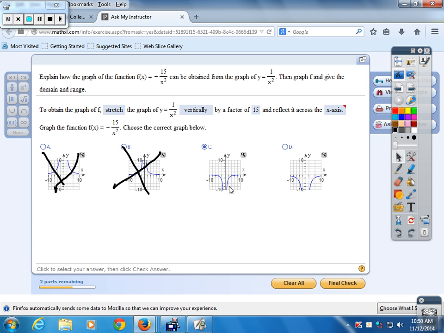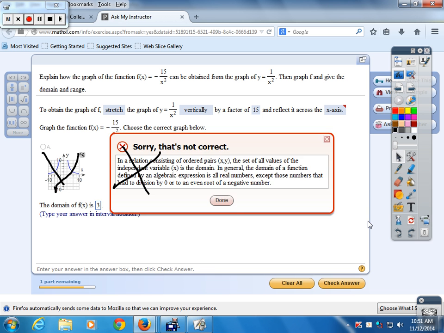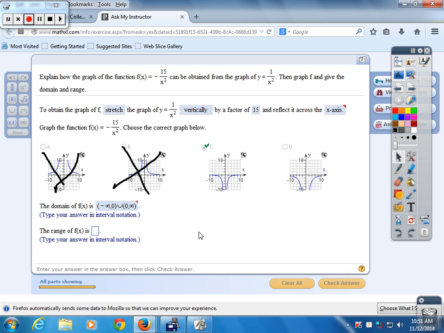I'll be very lenient on these two because I don't think that's fair, since you can't tell which one's a parent graph and which one's not. That's just me. They put the domain and range back there. The domain is negative infinity to 0, and then 0 to positive infinity. The range is negative infinity to 0.